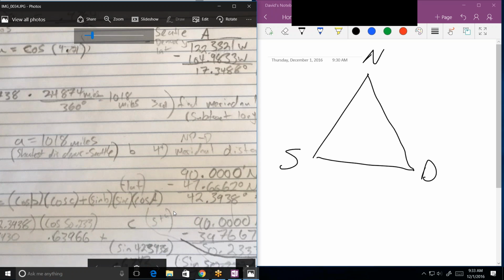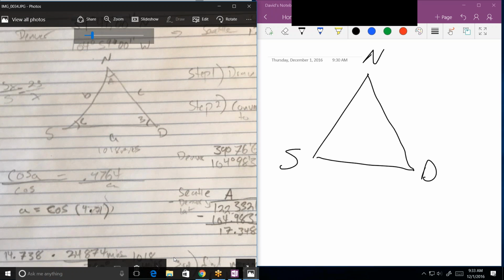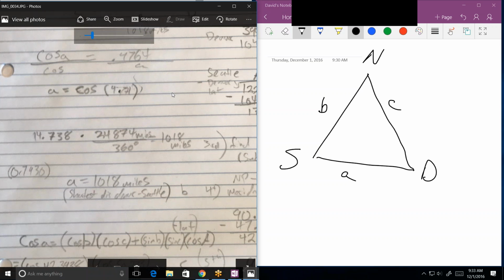Okay, so you got A equals, and let me look at your picture again. Okay, so you got this as A, this is B, and that's C, and that's fine. There's no problem using different letters other than the same letter of the angle that it's opposite. And your distance for A is 1018.